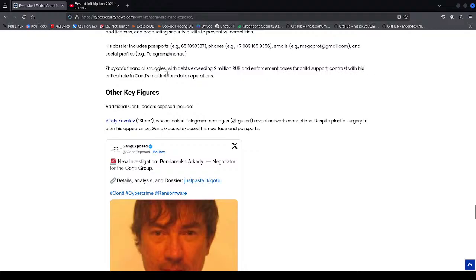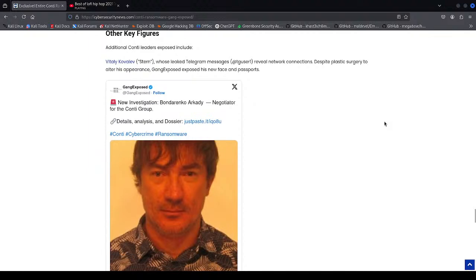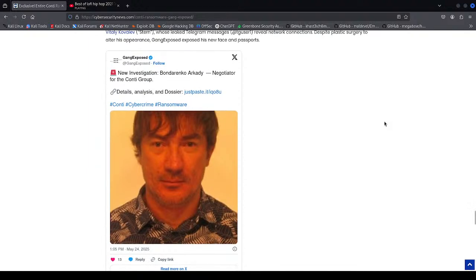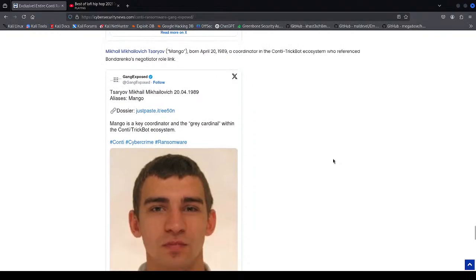in Conti's multi-million-dollar operations. Other key figures, additional Conti leaders exposed, include Vitaly Kovalev, Stern, whose leaked Telegram message at TG user revealed network connections despite plastic surgery to alter his appearance. Gang exposed his new face and passports. So that's the guy there.